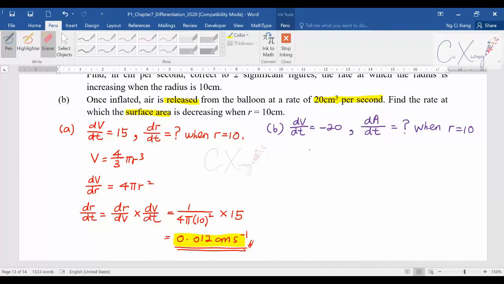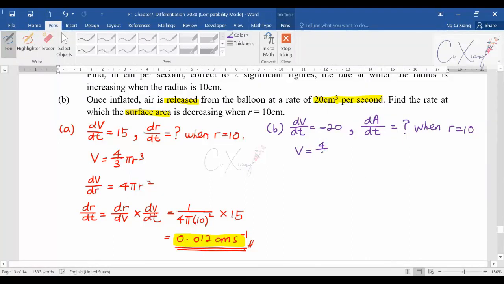Volume and surface area: the sphere volume is 4 over 3 pi r cubed, so you can get dV over dr equals 4 pi r squared. The surface area formula for a sphere is 4 pi r squared.